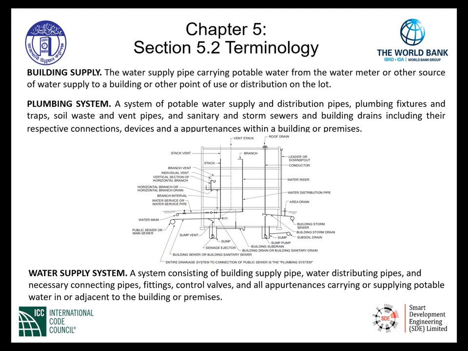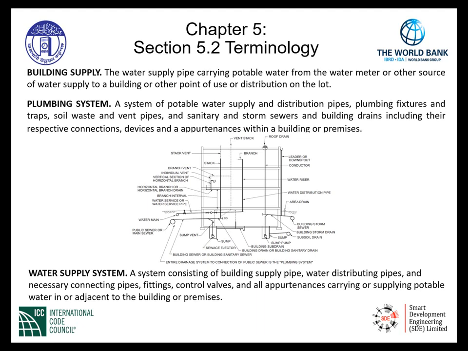Plumbing system is very specific. It is defined as a system of potable water supply and distribution pipes, along with plumbing fixtures and traps, soil, waste and vent pipes, and sanitary and storm sewers, and building drains, including their respective connections, devices, and appurtenances within a building or premises.